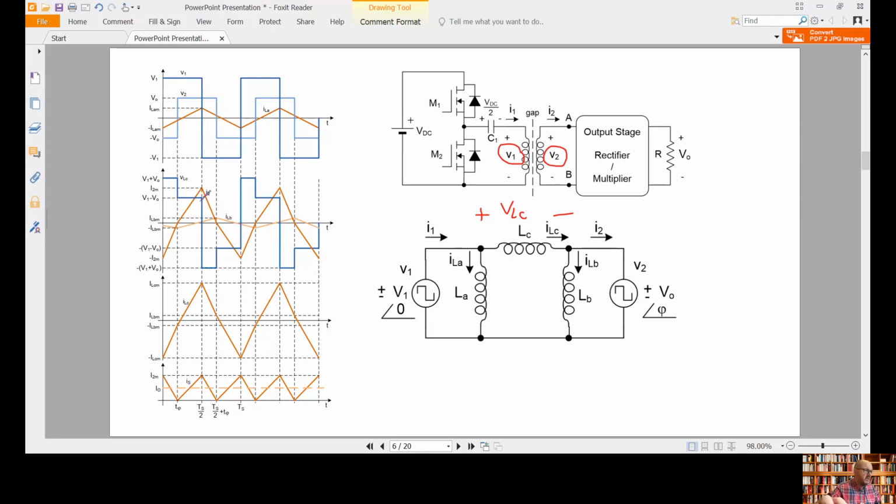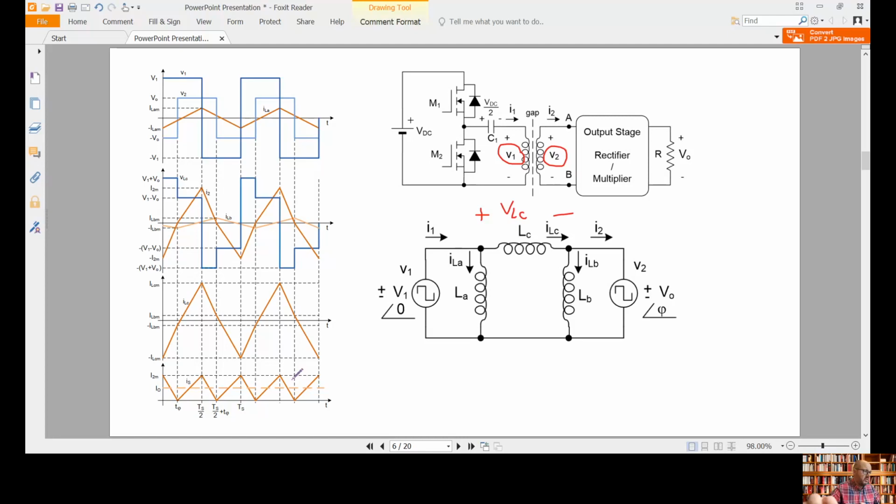And then if we calculate I2, which is the output current, it is going to be another triangular waveform, and same thing with ILC. Everything is done in this paper that I have shown at the beginning of the presentation, and all this is calculated there. So then we have here the output stage, the rectifier and the multiplier.